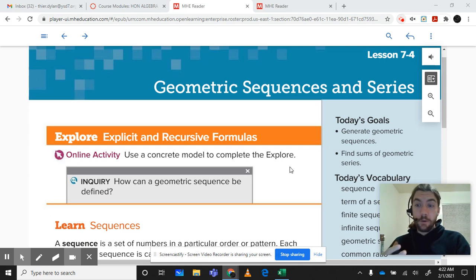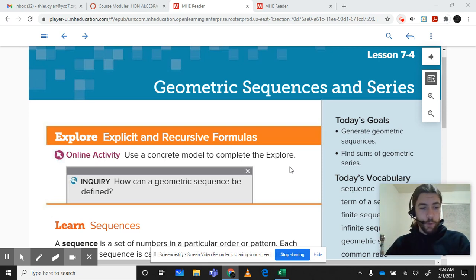So here is a series of numbers that we would call a geometric sequence. 2, 4, 8, 16, 32, 64. Okay, that would be an example of a geometric sequence. Geometric sequences are just sequences of numbers, a list of numbers, which are a series of multiplication steps over and over.